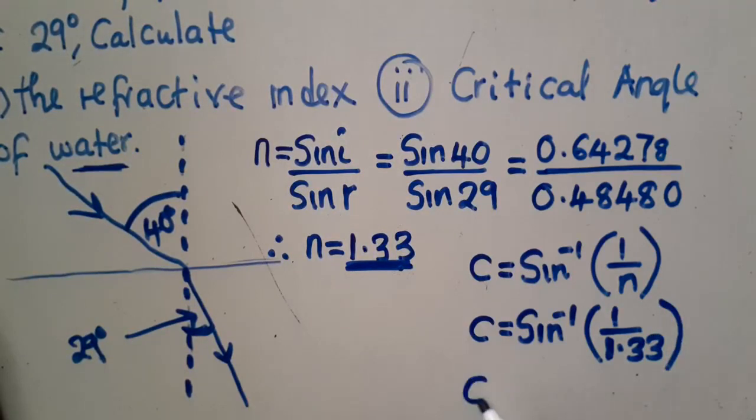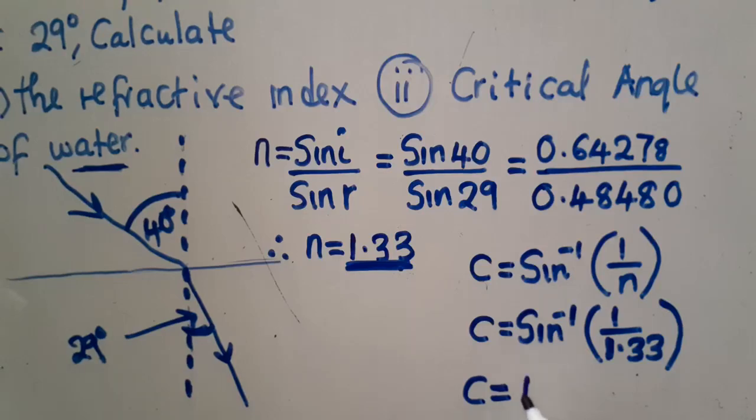Then finally, what is your answer? You can punch this all together on the calculator: shift, then sine, open bracket, 1 over 1.33, close bracket. What answer are you getting?